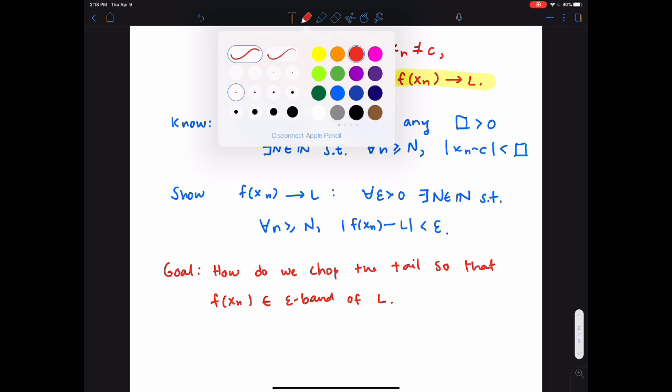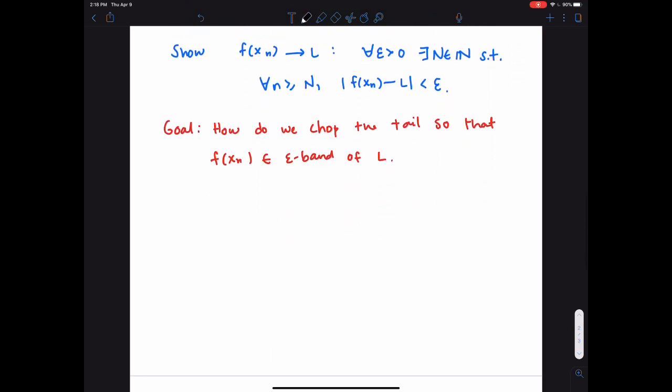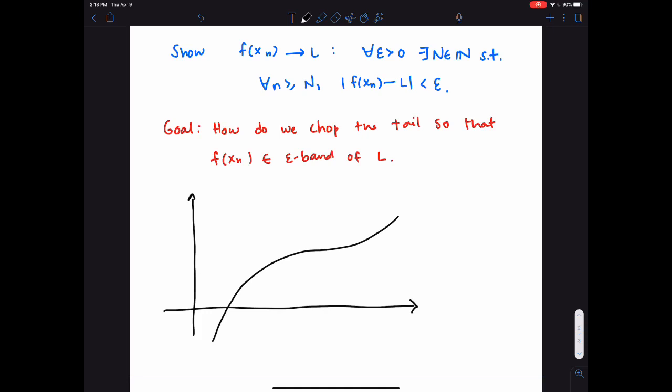Now we already have a picture that we drew, but I'm going to redraw it here so we can take a look at it again. I've got some arbitrary function, and my claim is that the limit as x goes to c, I already know is going to be equal to L. I'm assuming that.